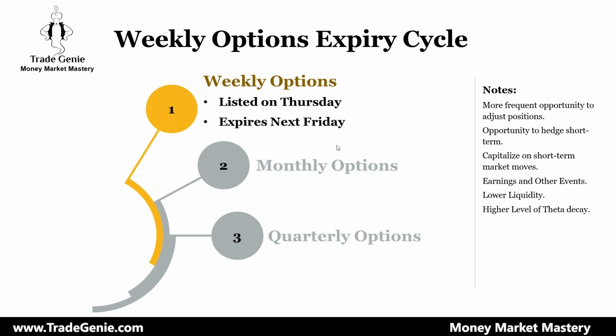So weekly options are meant for quick gains. You need a quick move in your favor. You're trying to capitalize on short-term market moves. Just to keep the math simple and straightforward, if you buy an option for 70 cents and every day the option is expiring by an equal amount, let's say 10 cents every day, then tomorrow it will be 60 cents, then 50 cents, then 40, 30, 20, 10, 0.